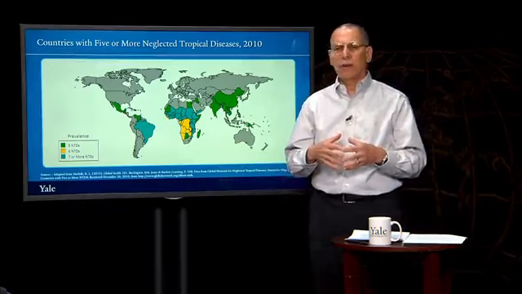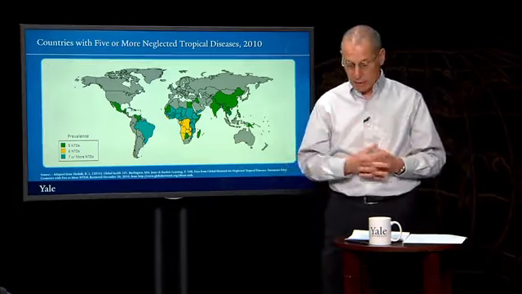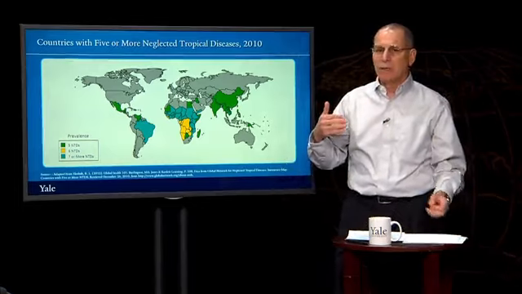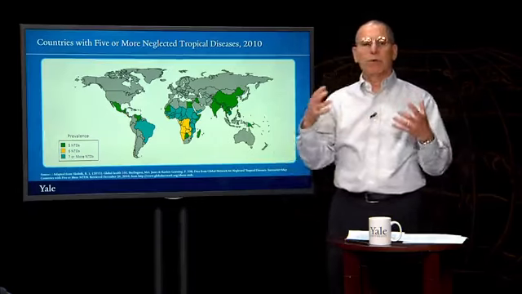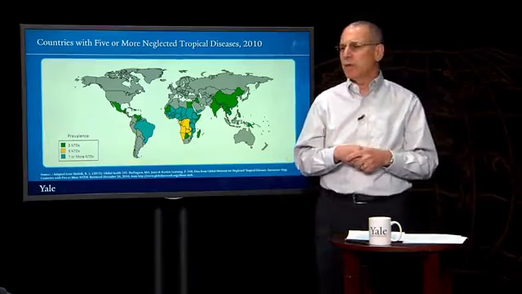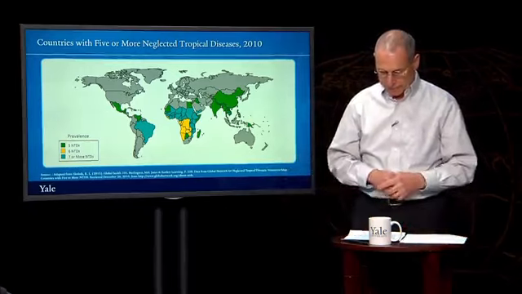However, they can cause an enormous amount of illness and disability. And in fact, some have suggested that if we added up the disability-adjusted life years caused by the most prevalent of the neglected tropical diseases, we'd end up, for example, with as many DALYs as are caused annually by malaria.